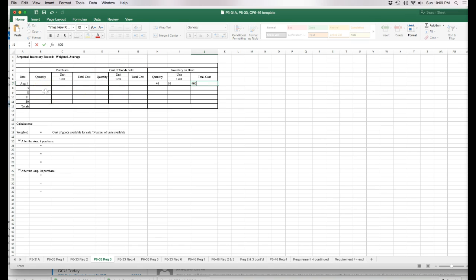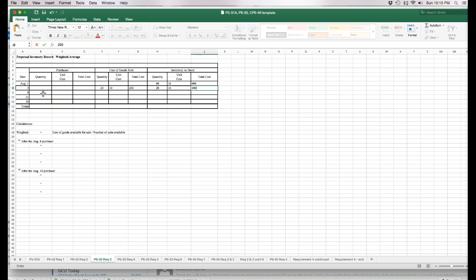Now on August 3rd, we sell 20 of those at $10, because that's all we have on hand, for a total of $200. Since we sold 20 of the 40, we have 20 remaining, all costed at $10 for a total cost of $200. That's what we have on hand after we've sold 20 units.